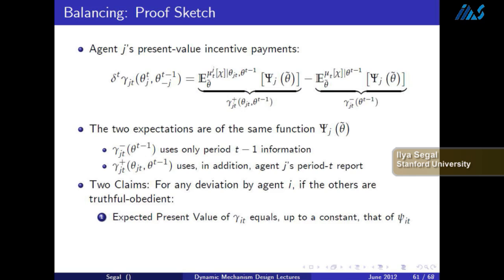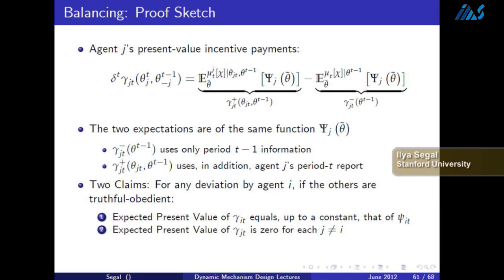In other words, even if he deviates, he'll get the same expected present value as he would get in the original mechanism from the same deviation. That's why we call it the incentive term: it gives the right incentive to agent I.